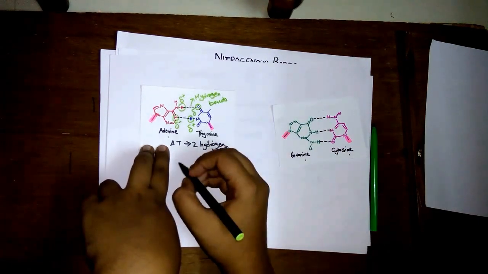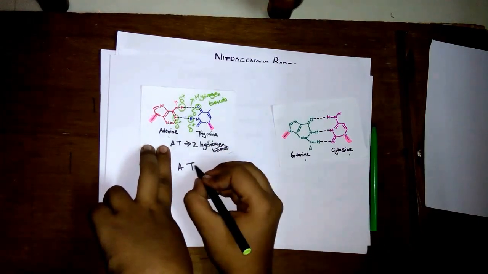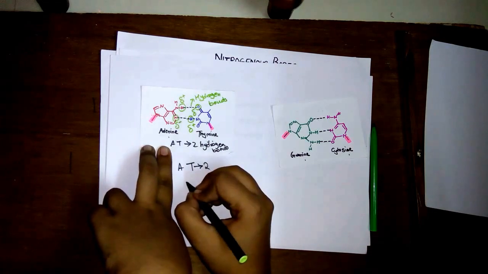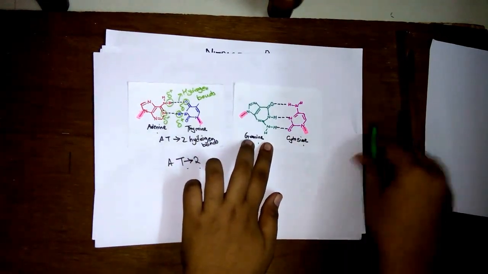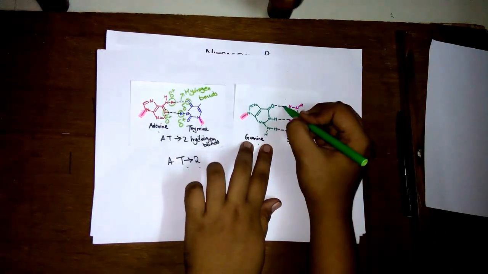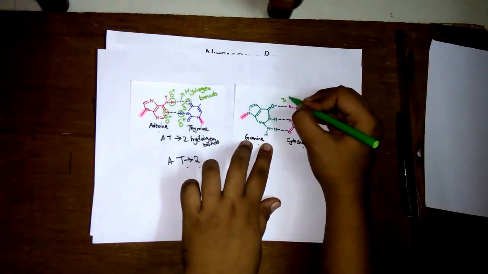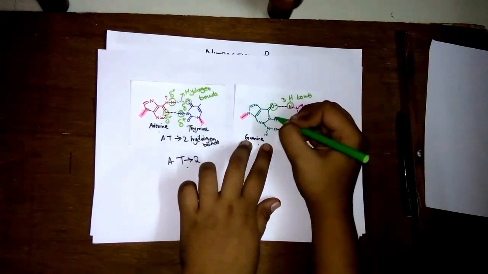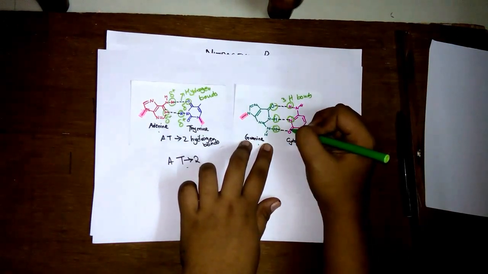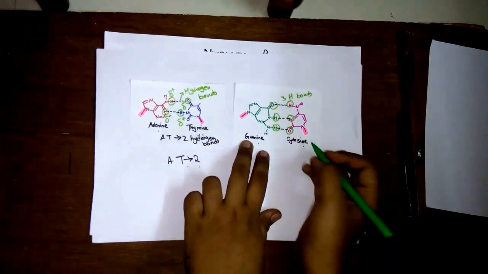The best way to remember that is AT, and T stands for 2, so AT2. And here in guanine you have 3 hydrogen bonds, so 1, 2, and 3. Again with O and H, H and N, O and H.